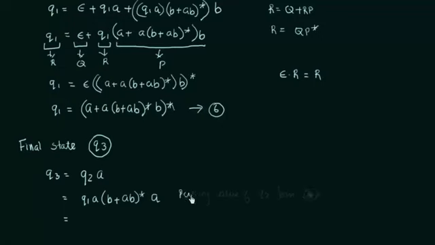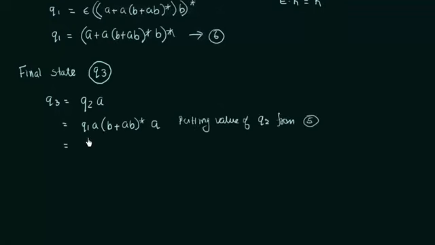So let me just write it here. Okay, so now let's substitute the value of Q1, this Q1 from this equation number 6. So Q1 can be written as A plus A B plus AB star B the whole star, that is from this. Okay, so we have substituted the value of Q1.